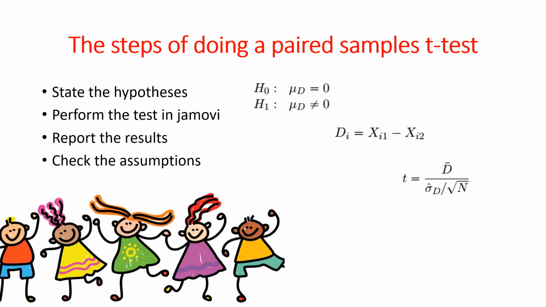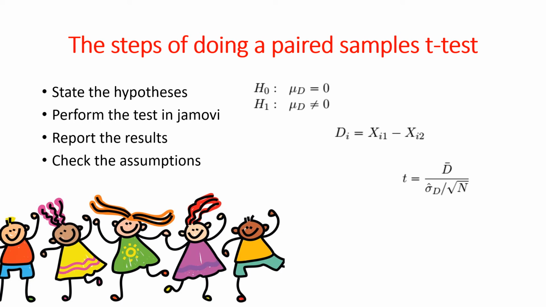We go through the steps of doing a paired sample t-test just like any other test. You need to state the hypothesis. Before we state the hypothesis, I want you to download the data. You should have downloaded the data so far. So we are working on the data PWA naming. For the paired sample t-test, we are working on two variables, anxiety before treatment and anxiety after treatment.